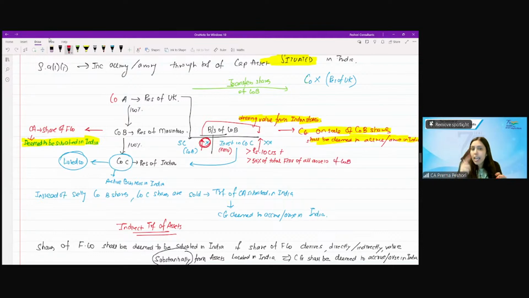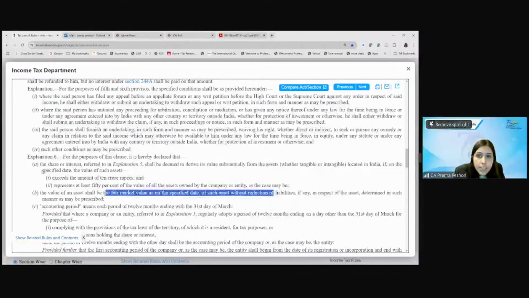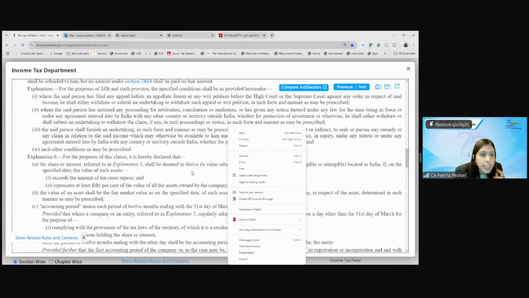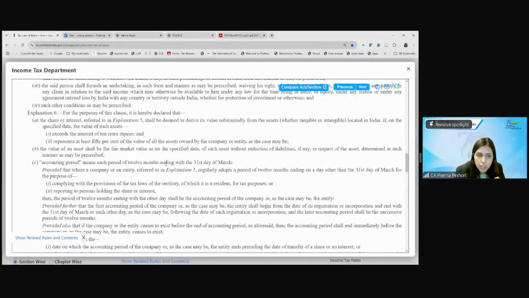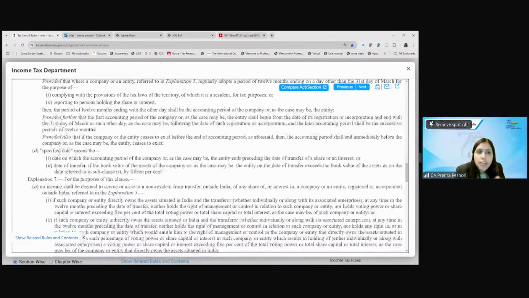Now you have to take the FMV on which date? It says FMV you have to consider as on the specified date, because it's a value if on the specified date the value of the assets exceeds the 10 crore. Now what is a specified date? Again they have defined the specified date: the date on which the accounting period of the entity ends preceding the date of transfer.